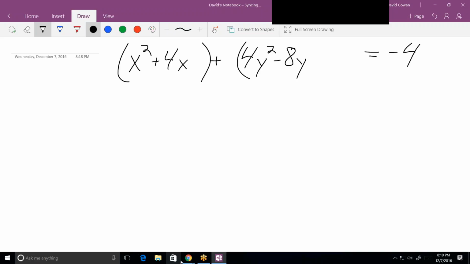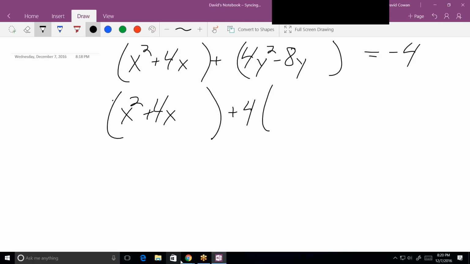Over here, I'm going to do the same thing, but I can't complete the square until I factor out the 4. So this turns into x squared plus 4x plus room to complete the square. Factor out the 4, what do you get? 4 times y squared minus 2y.